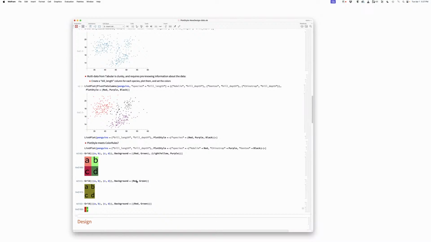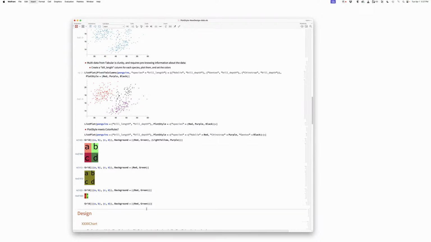In the second one, you're saying the first column should be red, the second column should be green, and you haven't given a specification for rows, right? If you wanted to do the other way, you'd need to put an empty list first. Or do I have that backwards? Maybe I have that right. No, I think you're right. So it's exactly the same thing as grid.